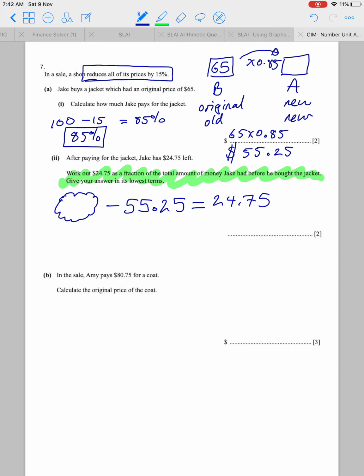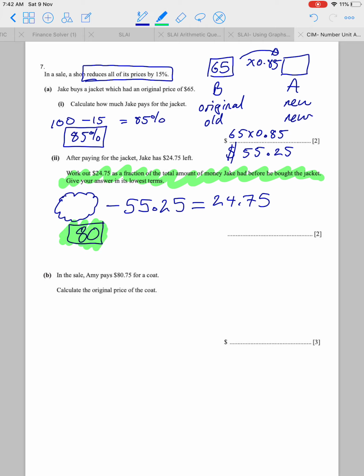So the money he had to start with is $55.25 added on to $24.75. So Jade had $80 to start with.